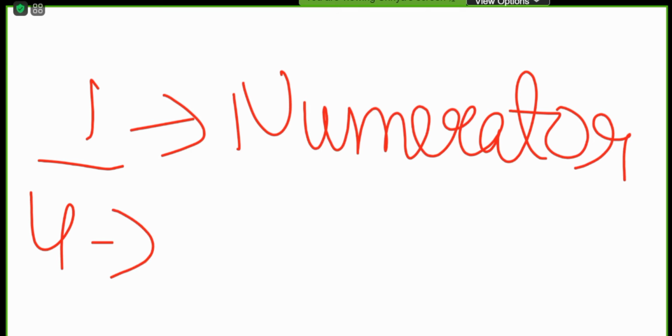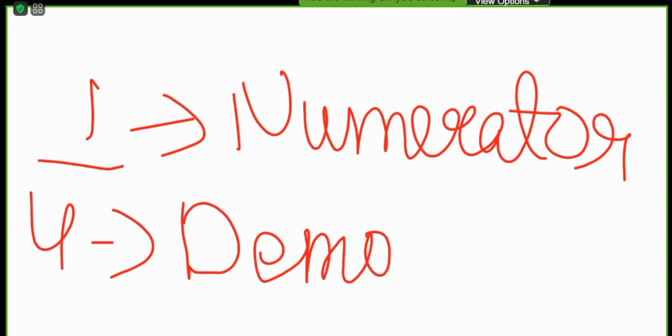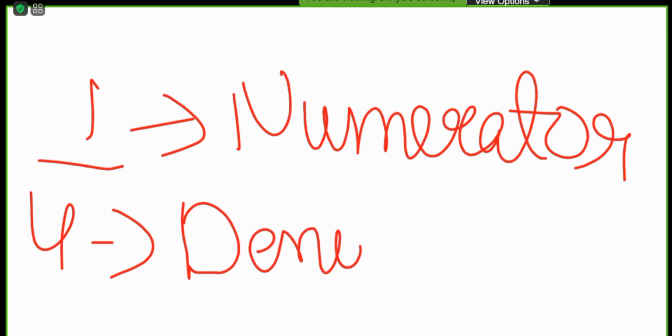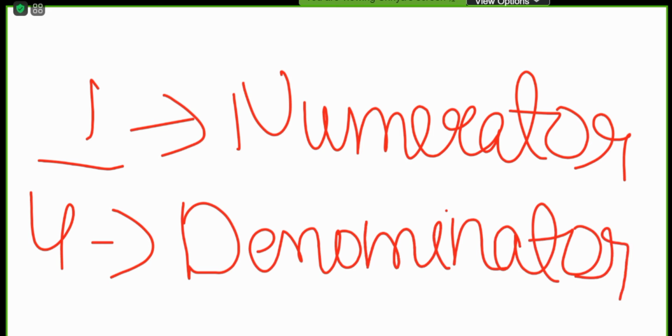Second, the number below the dash is known as the denominator. Understood? Above the dash is the numerator, and below the dash is the denominator.